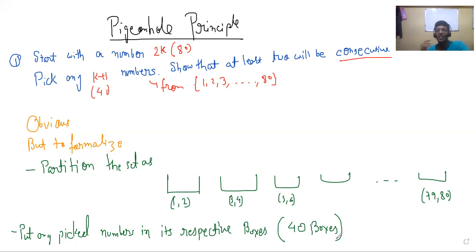That can also be proved, but then that's it. Now we have 41 numbers and forty boxes.